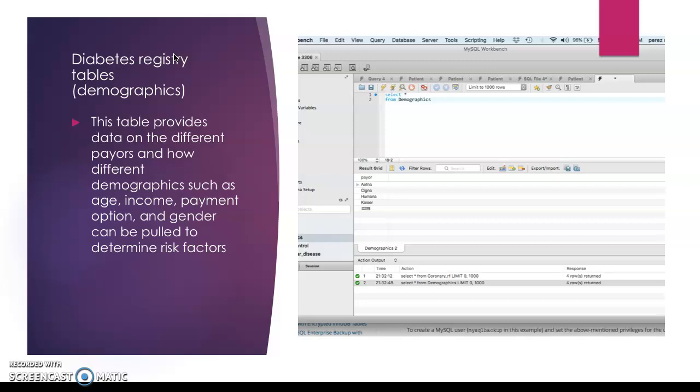This information pretty much provides the physician or the healthcare team with the patient's demographics, which insurance this patient has, what kind of job these patients have, what the patient's gender is, and some of the patient's risk factors in terms of age, how old this patient is, exercise, social status, economic status, education, and all that. All this information can be pulled together to make some good, valid medical decisions.